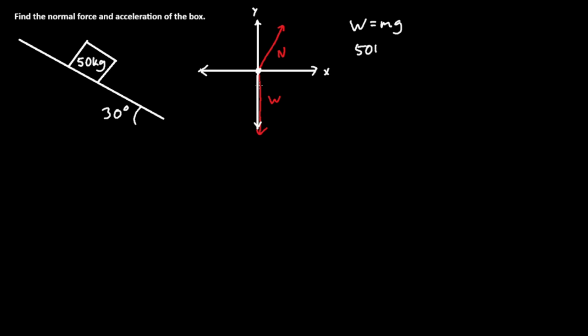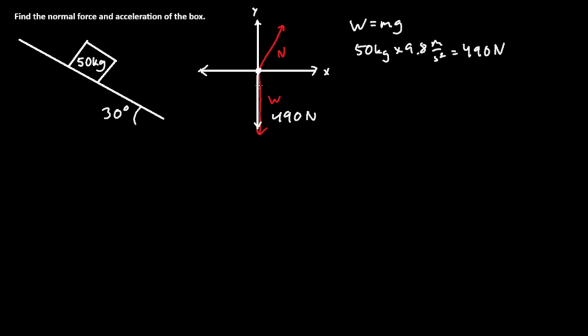We have 50 kilograms of the box times 9.8 meters per second squared as gravity. It's equal to 490 newtons. So the weight force is 490 newtons. As you solve for the weight force, what you realize is that the normal force has two components, and you can't solve for those two components. It is impossible to solve for them.